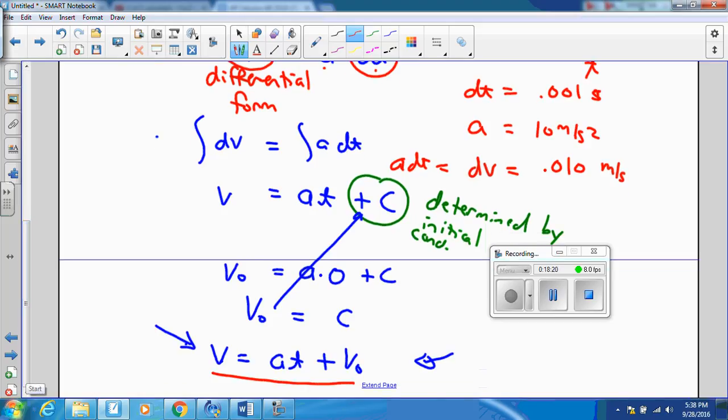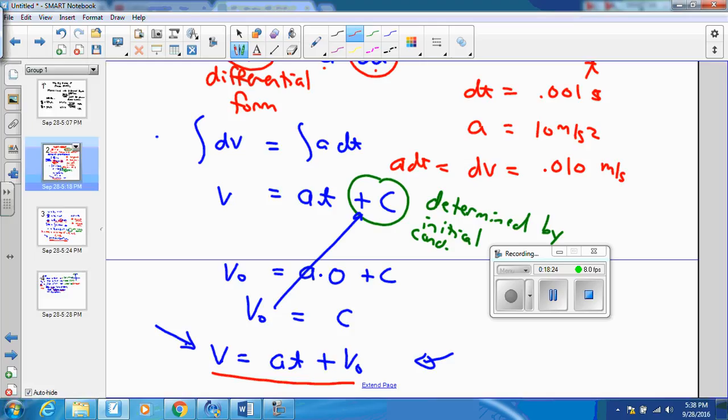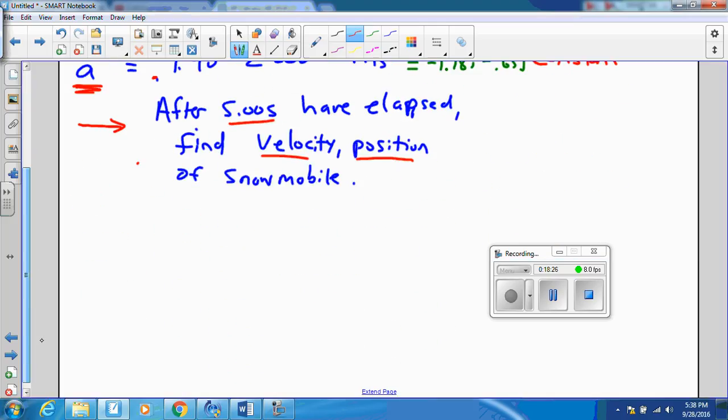And I have found that when the acceleration is constant, the velocity is equal to v0 plus at. And so now I can leverage all of that work very simply by doing v equals v0 plus at.